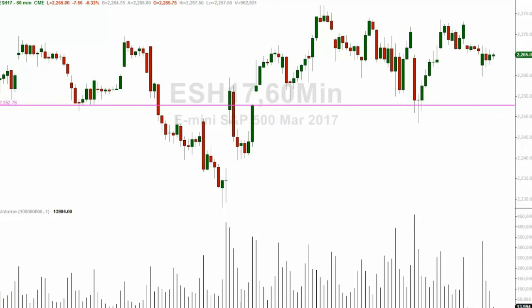I also mentioned that the daily chart was important, and some traders would say, why do you care about the daily chart if you're trading intraday? And the reason is because I certainly want to understand where daily highs and daily lows exist. Daily highs and daily lows will generally be supportive or resistant to the market.